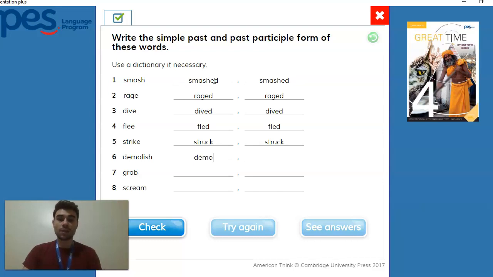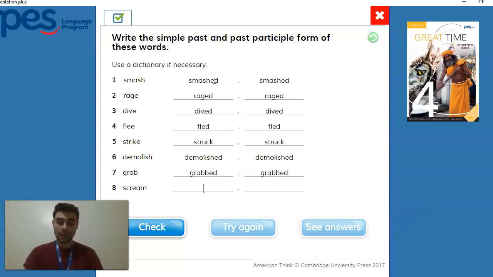Then the verb demolish, which in the past is demolished and in the participle demolished as well. Then we have the verb grab, which becomes grabbed.